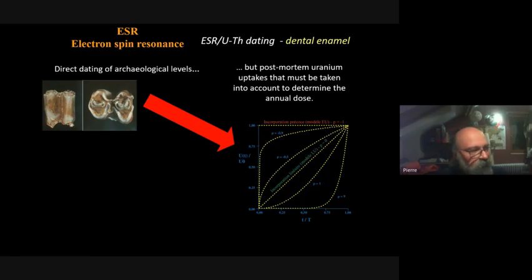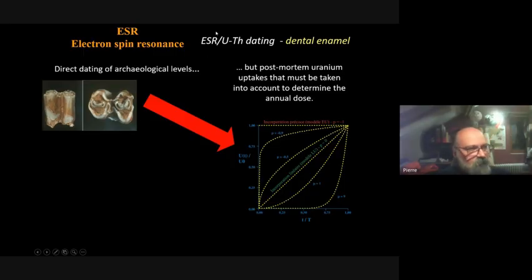It explains why the annual dose, the dose of radioactivity received by the sample year by year, changes over time. So we don't talk about just the ESR method here, but the ESR U-series method, because we have to apply U-series analysis to understand how the uranium and thorium moved into the teeth, in order to determine well the annual dose and the age of the fossilization of the teeth.